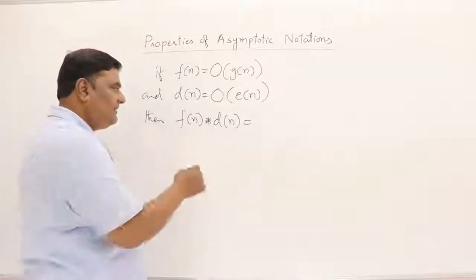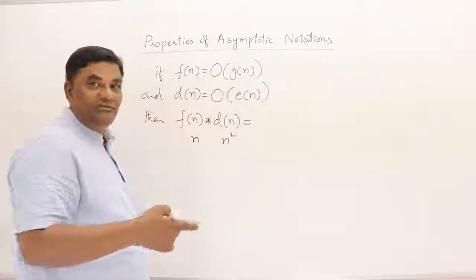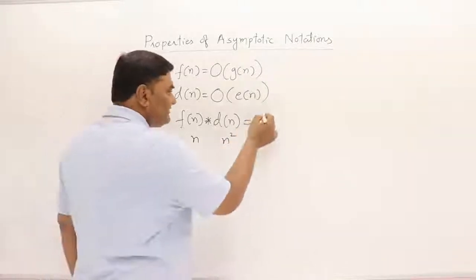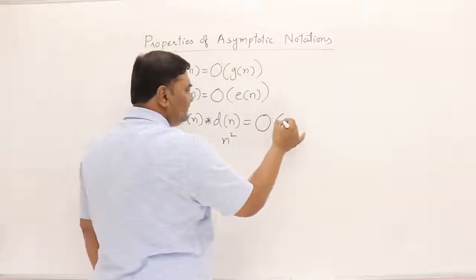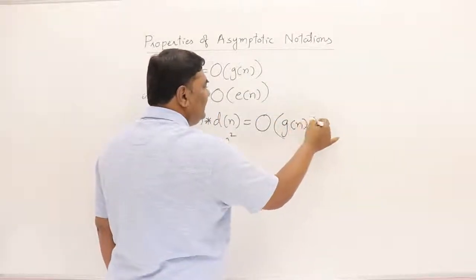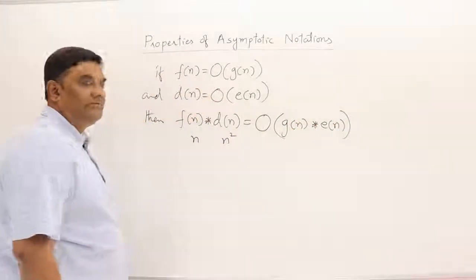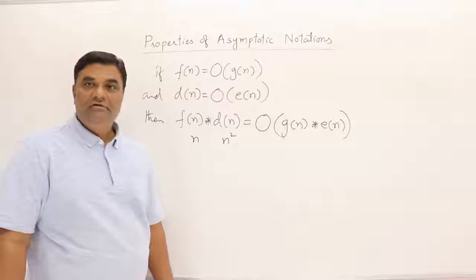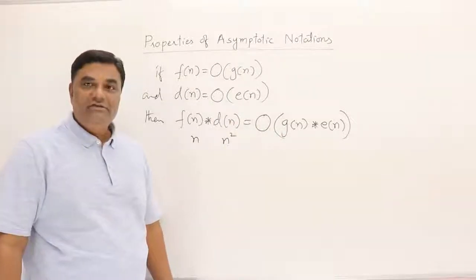So directly I will write, if suppose this is n and this is n square, then the product will give you n cube. So yes, this is big O of the product of these notations, g of n into e of n. This will be equal to big O of g of n into e of n.